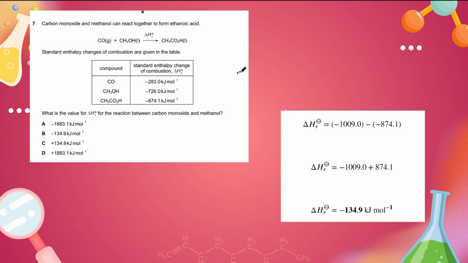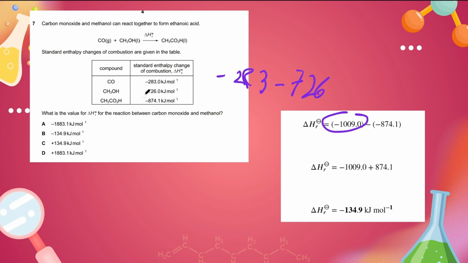this 283. Wait, I'm sorry, guys. Just this minus 726, making it minus 1009, and then this one, the ethanoic acid, is minus 874.1.